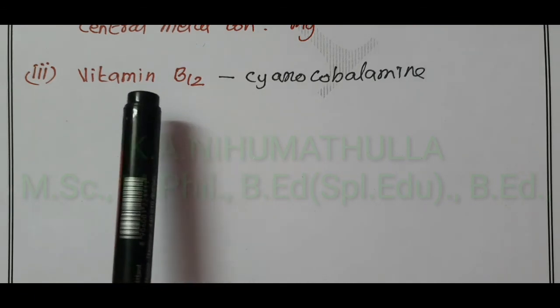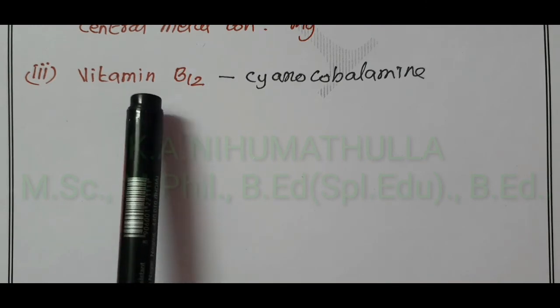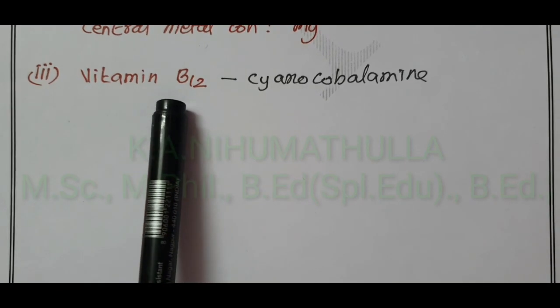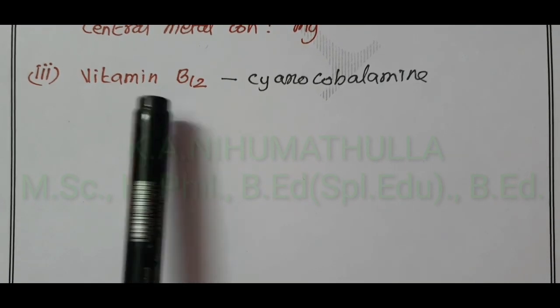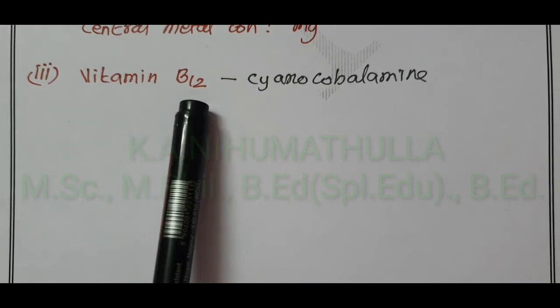Vitamin B12 is present in egg, meat and fish. The function of vitamin B12 is that it is a coenzyme in amino acid metabolism.